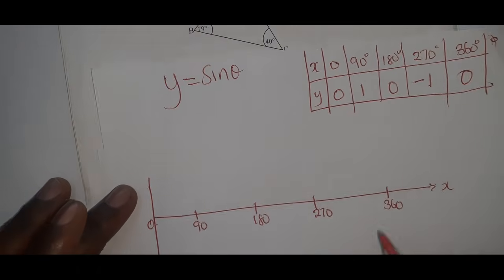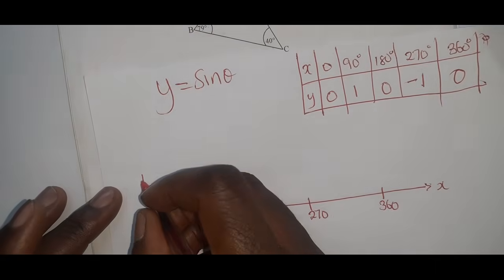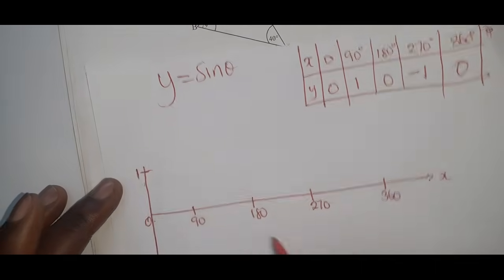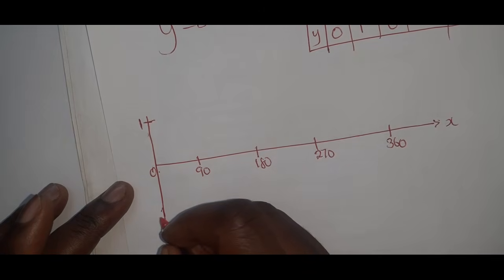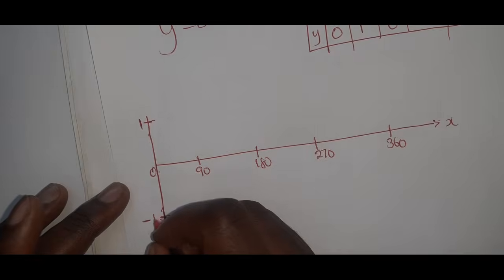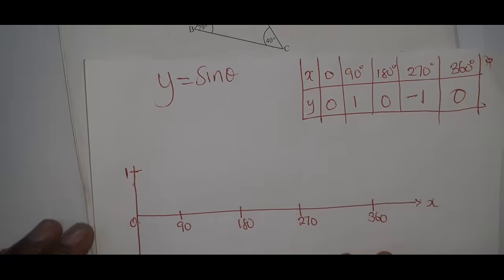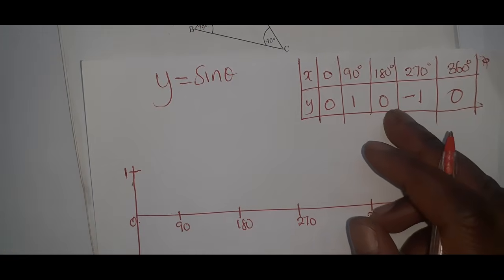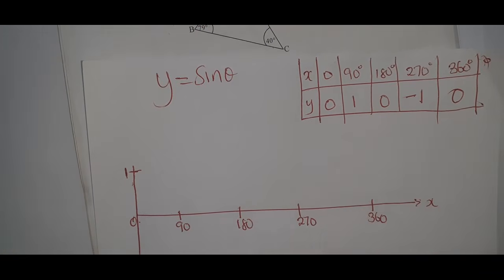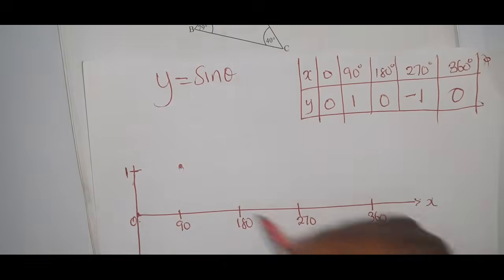Then for y, the highest here is +1, and here it's -1. Then we can start plotting this. Okay? So the first one is 0,0. The second one is 90,1, which will be here.